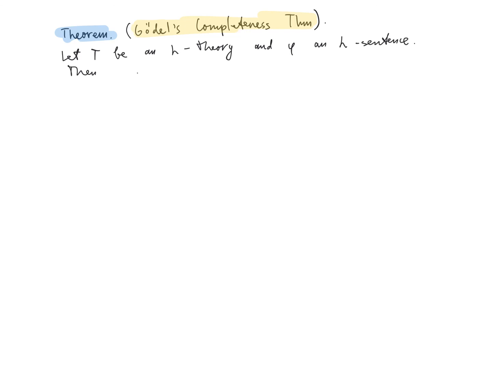Then we have that phi is a logical consequence of T, a purely semantic notion defined in terms of satisfaction in structures, if and only if T proves phi, a purely syntactic notion defined in terms of syntactic objects, formulas, and formal proofs.